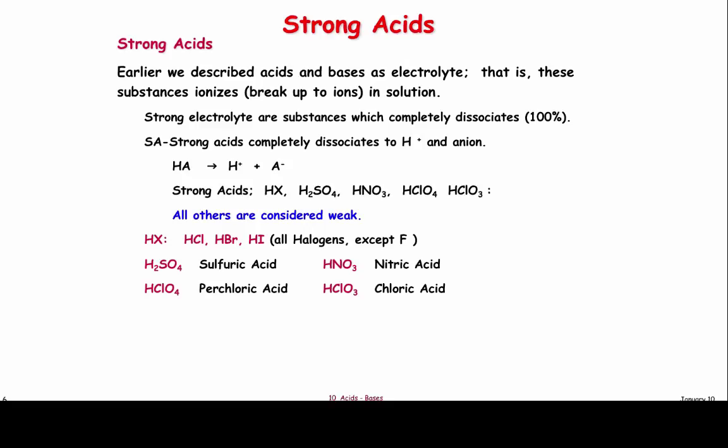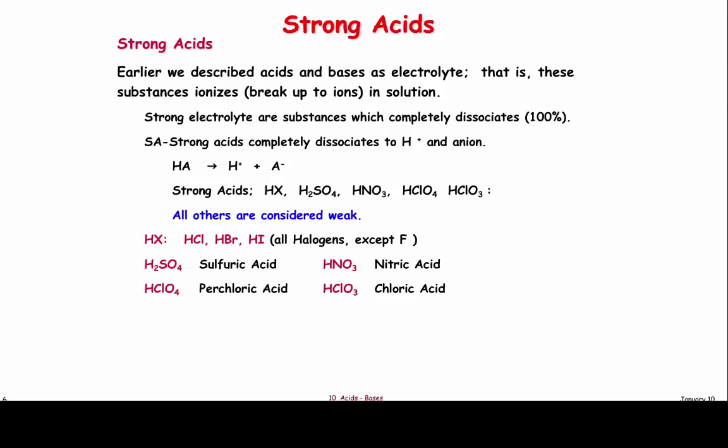Examples of strong acids, and make sure you remember this, are sulfuric acid, right here, nitric acid, perchloric acid, and chloric acid. Other strong acids are the halogenated acids, hydrochloric acid, hydrobromic acid, and hydroiodic acid. These 1, 2, 3, 4, 5, 6, 7 acids for this class are your strong acids.